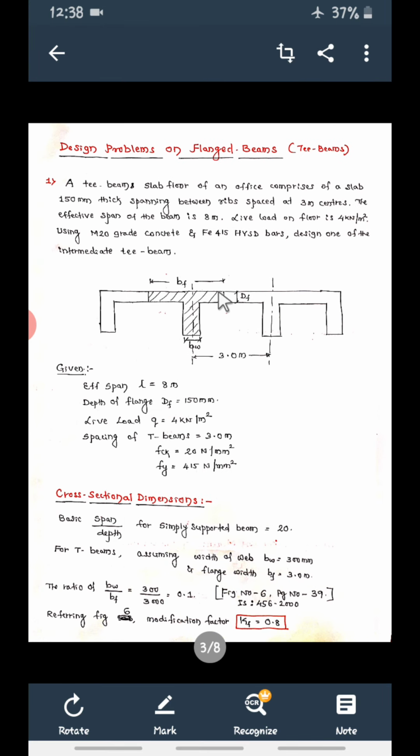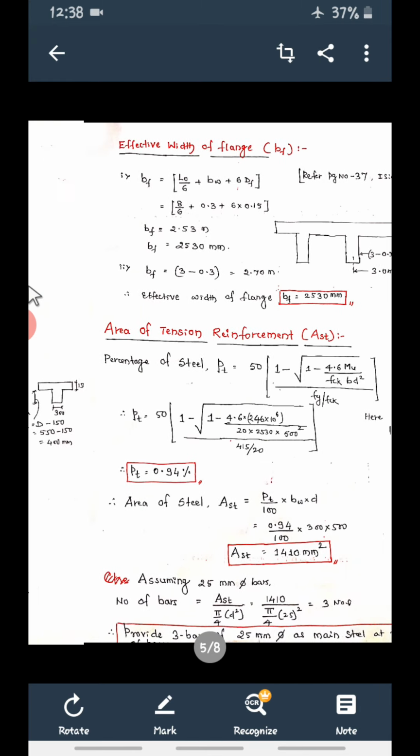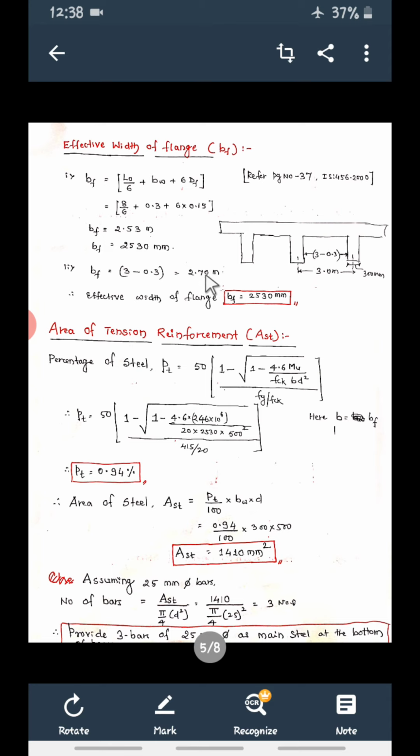Another one we have taken is 3 meter, given in the problem. Out of these two, whichever is least, that we have to consider. You can calculate this also: center to center is 3 meter, and from inner to inner edge of the beam it is 3 minus half of this minus half of this, that is 3 minus 0.3, which is 2.7.